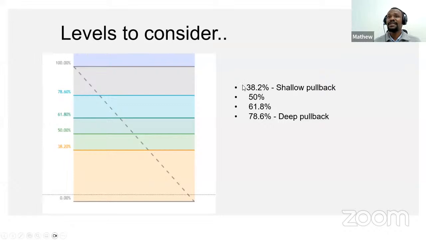And if you get anything that's not even touching that 38.2%, then that's something you might want to ignore a little bit up until you get a pullback to that 50 all the way to 61.8, right? And if it goes beyond 78.6, then it might be a little bit tricky as well. Maybe a very deep pullback, almost about to break the trend.